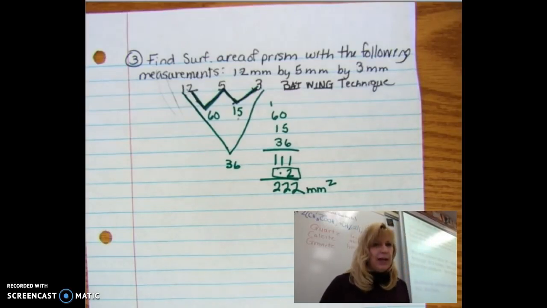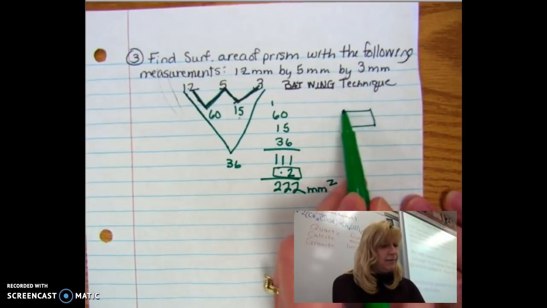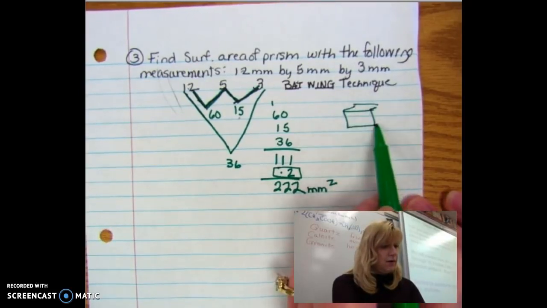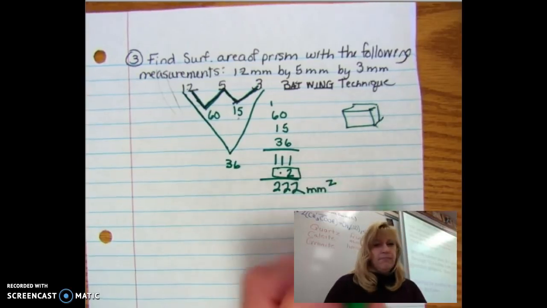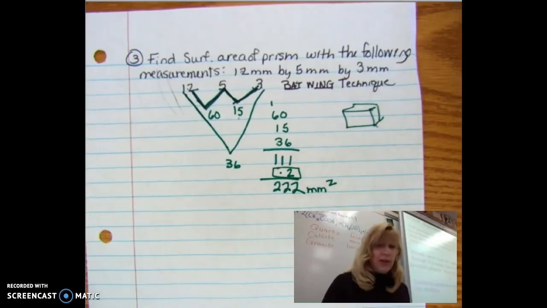A lot of kids find it maybe more solidified in their mind if they draw off to the side, they draw the little prism. Some kids even like to try to draw that net, which is totally fine.